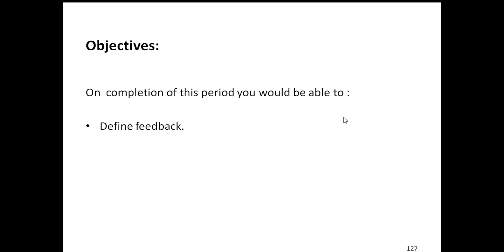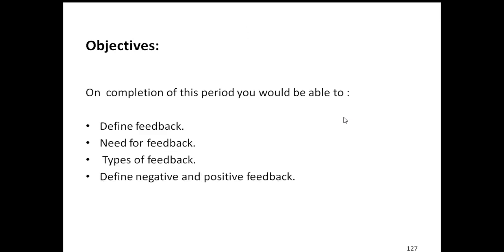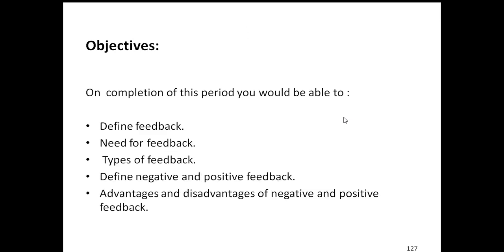Next topic is feedback. What is feedback and what are the different types of feedback? Define feedback, need for feedback, types of feedback amplifiers. Define negative and positive feedback, advantages and disadvantages of negative and positive feedback.